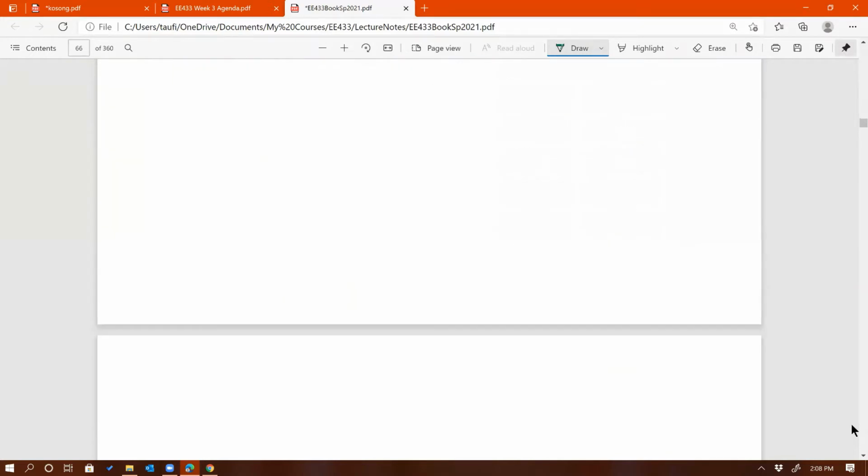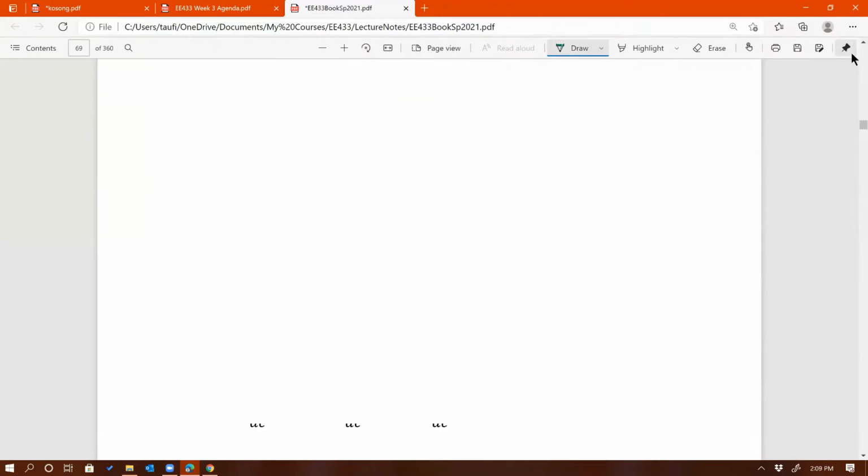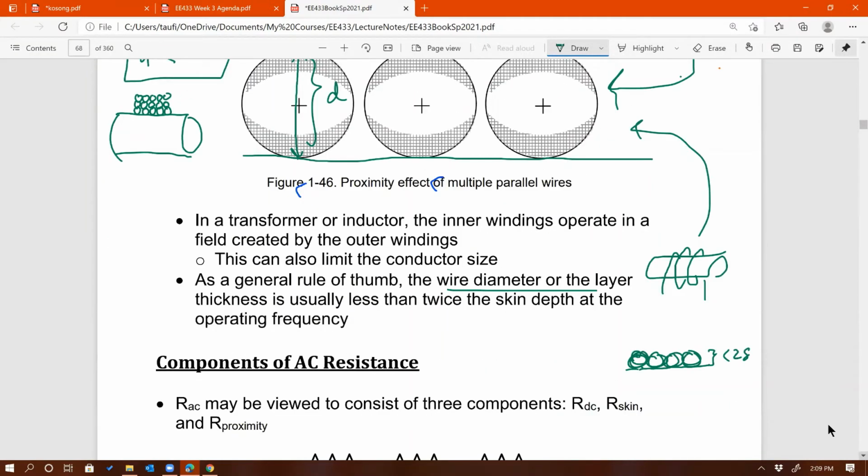Okay. All right. So the next question is, is there a better or more precise way of looking at this more comprehensively? Having a general rule of thumb is nice, but it would be nicer to have a more defined guideline for us to select wire size if we are going to design inductors or transformers with multiple layers.